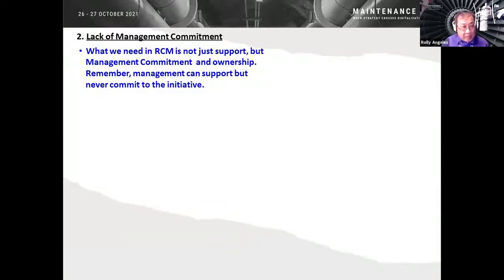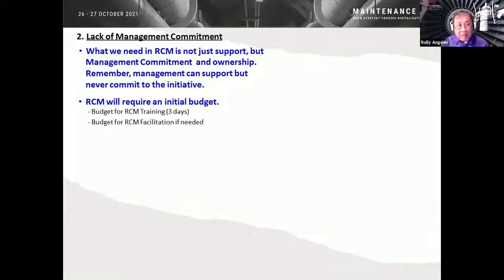Okay? Because when we implement RCM, it will require an initial budget. Okay? So the budget will be for the training, depending on the firm, the organization, and some of these training organizations who conduct RCM will require you to have an RCM facilitation, meaning you will be selecting the pilot asset or system or equipment to undergo the RCM, and they will be joining in to guide and facilitate the team until it is completed.